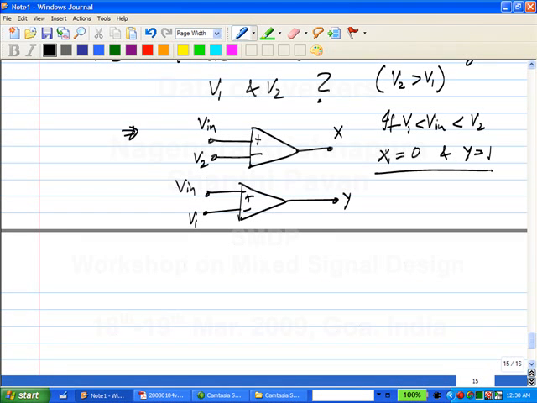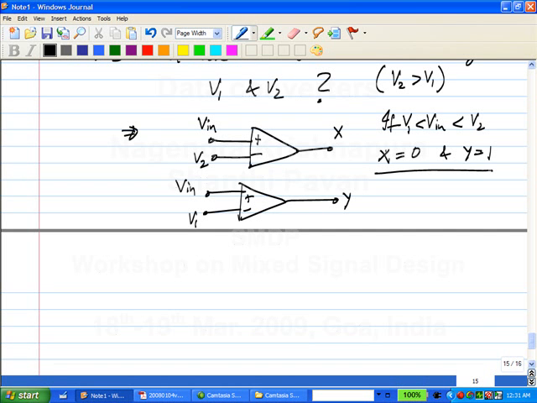What if X shows 1 and Y shows 0? Please note that is not possible, because we know that V2 is greater than V1. That possibility should never occur.